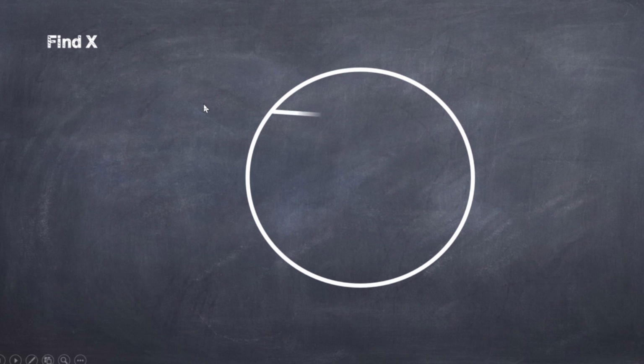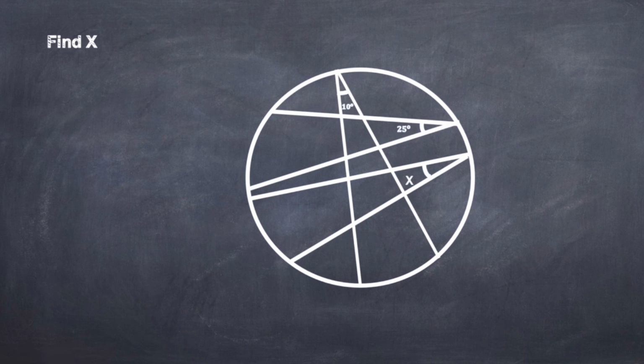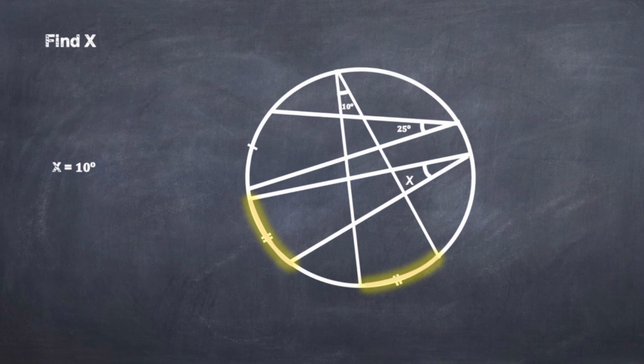Alright, how about these questions? As you can see, here we only look for the same arc. So from the same arc, x is 10 degrees. Alright, let's look at this figure.